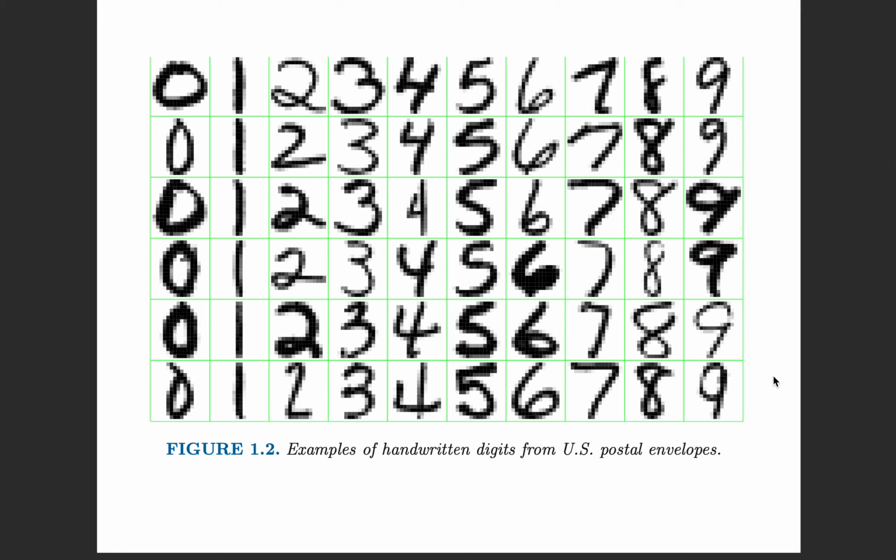Though all of us understand that these are all zeros, these are all ones, these are all twos, threes, etc. And we would like to have a statistical learning technique or algorithm that, if you give it this image as an input, it will say 0. If you give it this image, it will say 9. Okay. So this is clearly a classification problem.